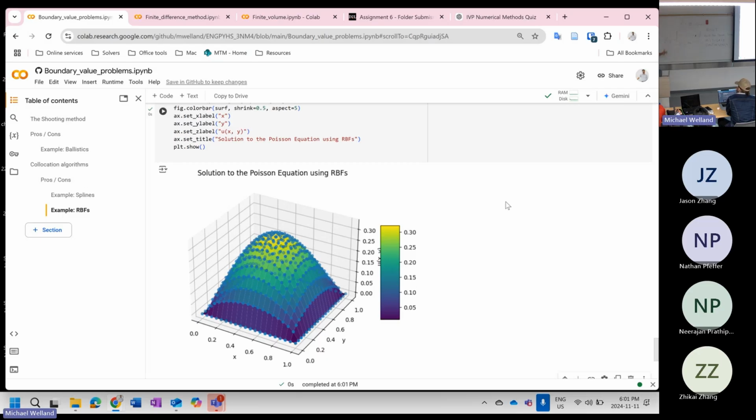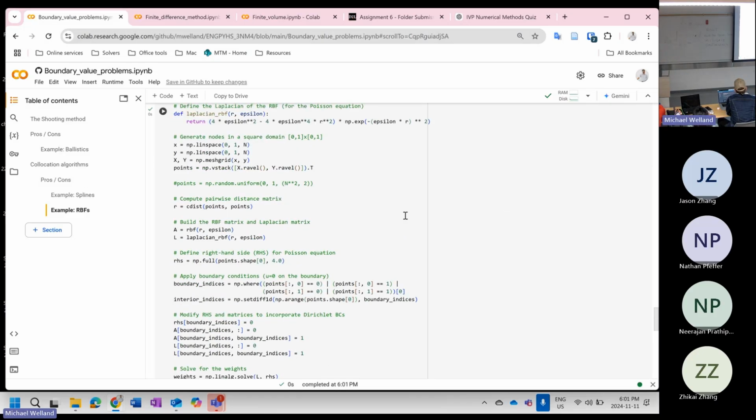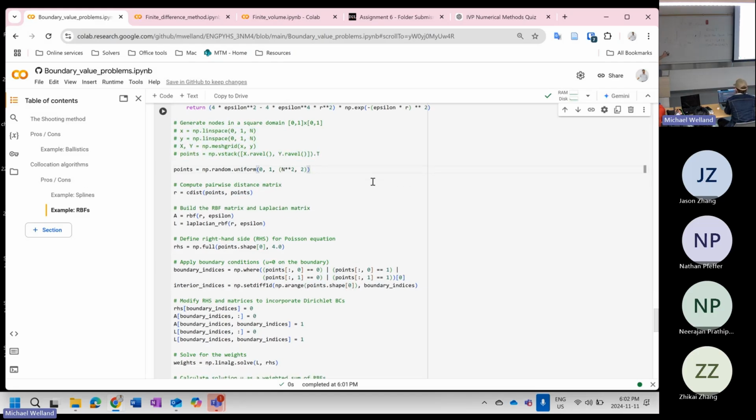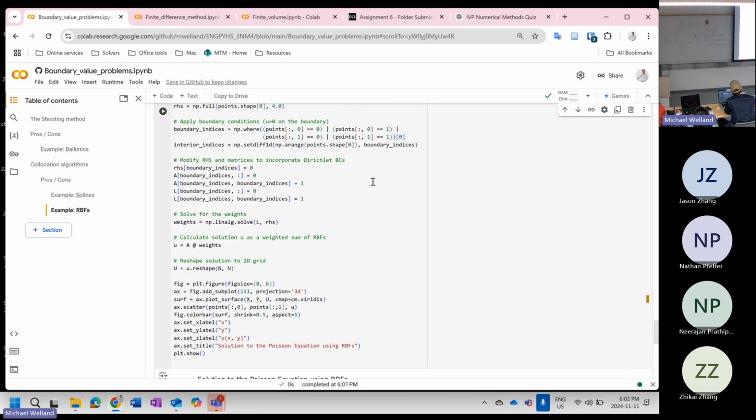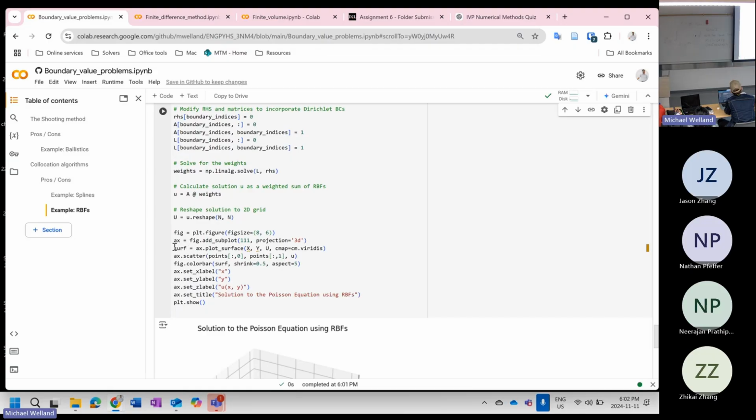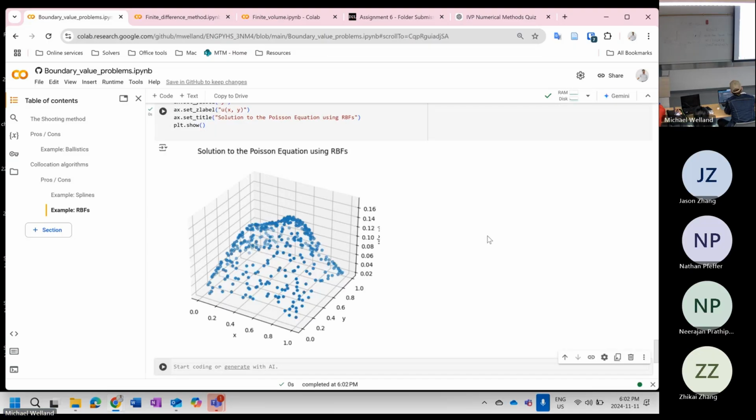The question is, why would you do this instead of finite difference? I will show you. Despite my moratorium on live demos, here I go again. Instead of defining the points with some kind of regular grid, let's do a completely random sampling of points. We put that down here, and I think I have to nix this guy so that it works.